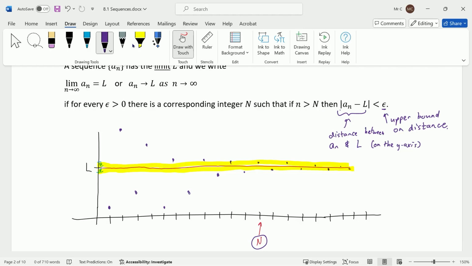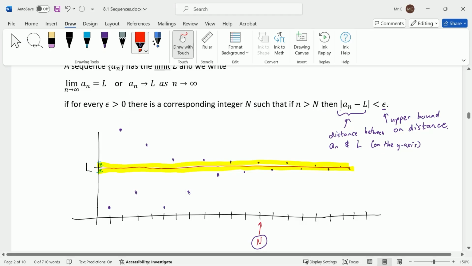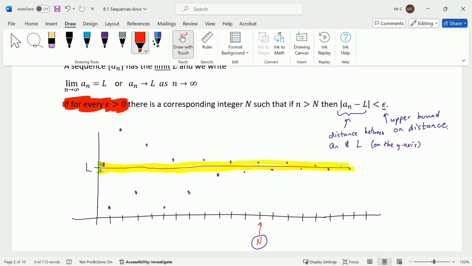But the key to the definition of the limit is that it has to be true for every epsilon greater than 0. Meaning that I can make this number epsilon smaller and smaller, and if I do, I might need to go to a bigger n value if I shrink down how much distance I'm allowing on either side of the limit, but I can always find that second n value, or third, or fourth, and so forth.